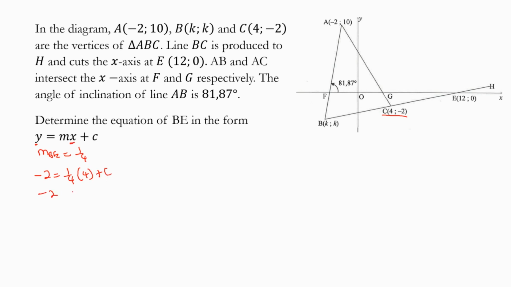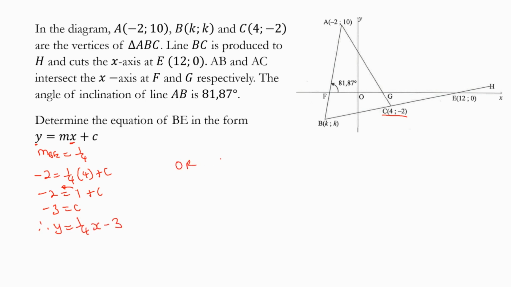So negative 2 is equal to 1 plus c. Transpose positive 1 to the left-hand side, it becomes negative 1. So negative 2 minus 1, which is negative 3, is equal to c. Therefore, y is equal to 1 over 4 x minus 3.